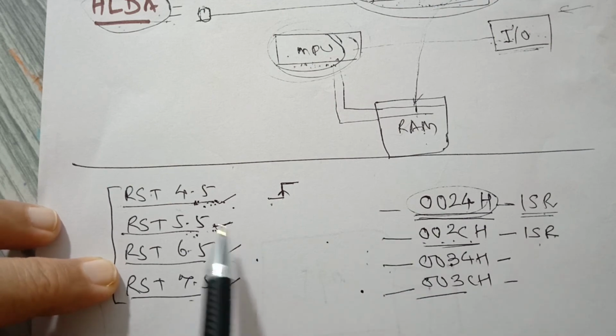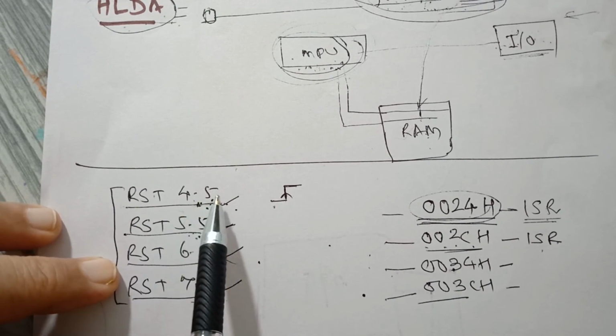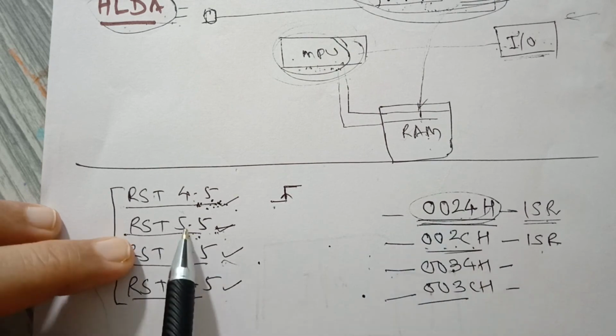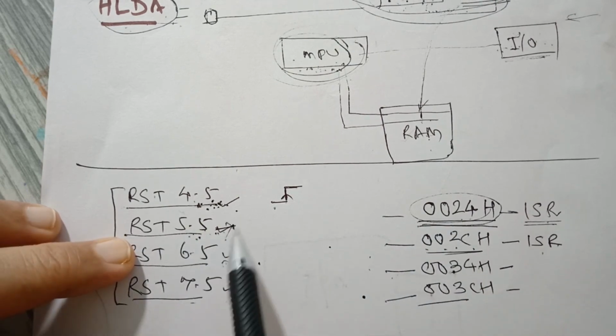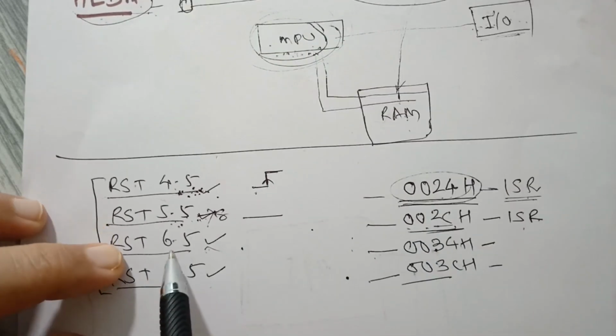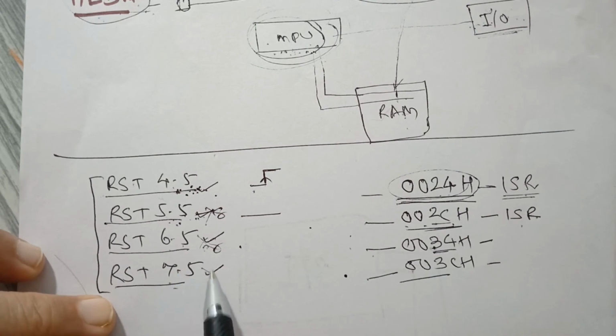It is just that the engineers have devised it this way: 4.5 multiplied by 8, whatever number that is in hexadecimal, is 24. 5.5 into 8, whatever number that is in hexadecimal, is 2C. 6.5 into 8 gives 34 in hexadecimal. 7.5 times 8 is 3C, right?